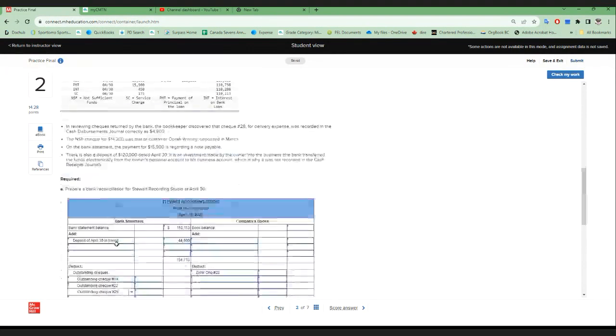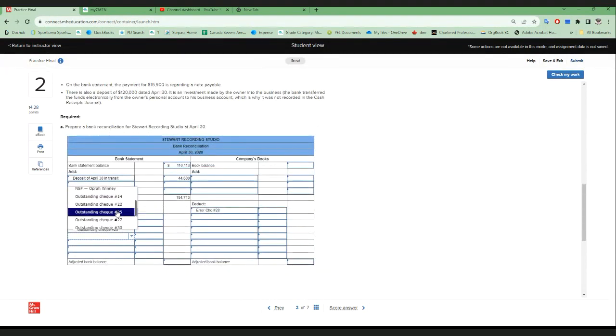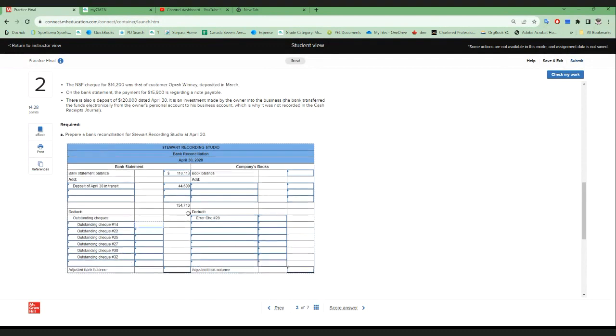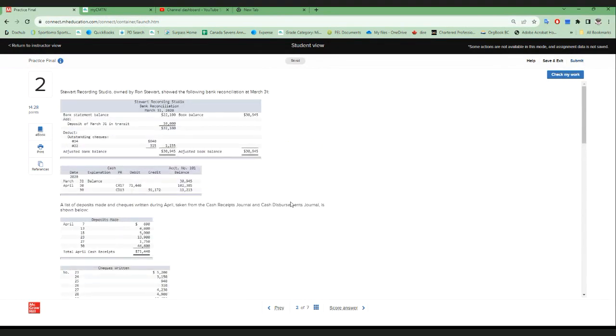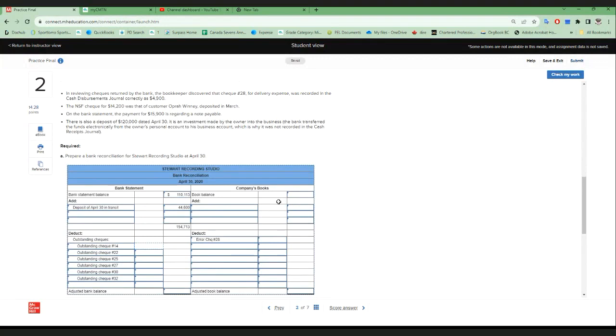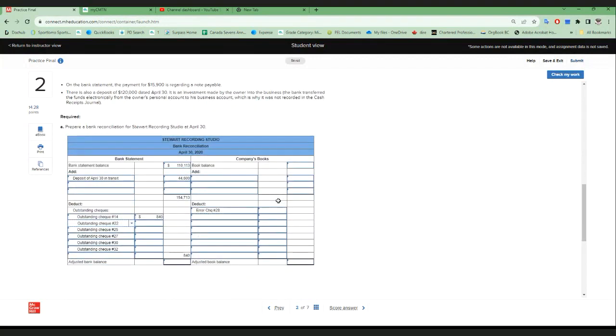840 and 315. 25 and 27. So 25 is for 940 and 4,230. 940.